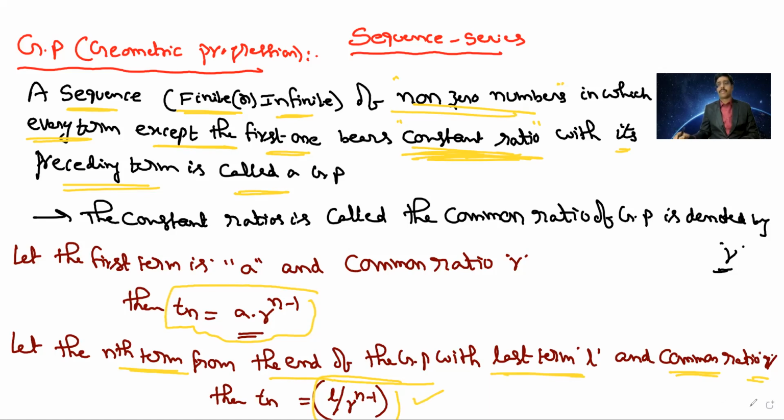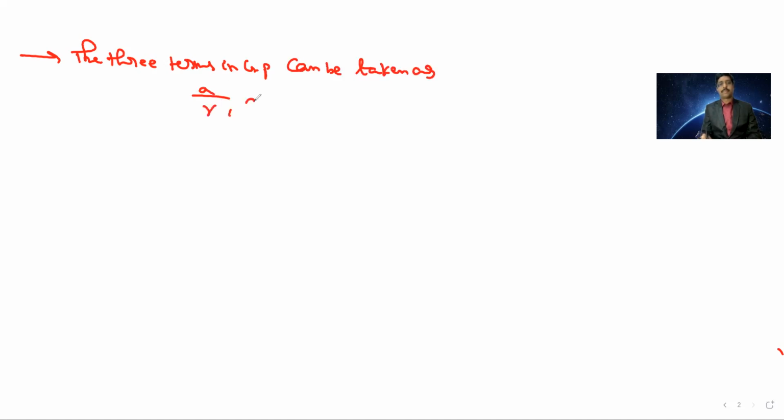Now I am going to explain how to choose terms. Three terms in GP can be taken as A by R, A, AR.